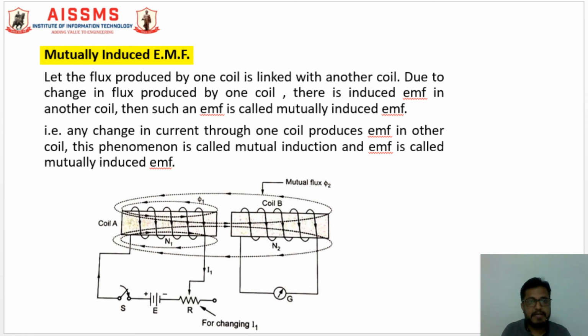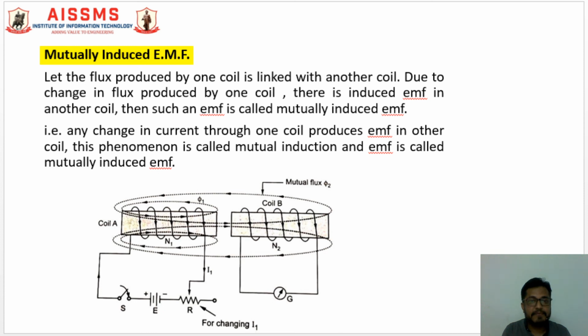Let N1 be the number of turns of coil A. Let N2 be the number of turns of coil B. Now if we change the value of resistance R, current I1 will change. So there is a change in flux phi1.